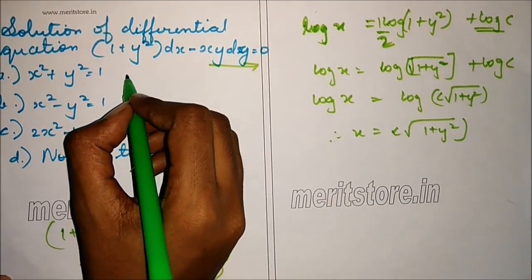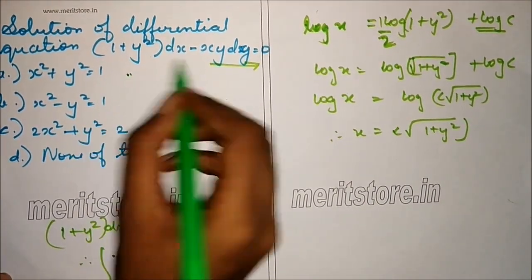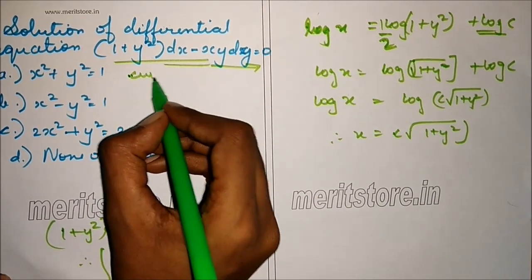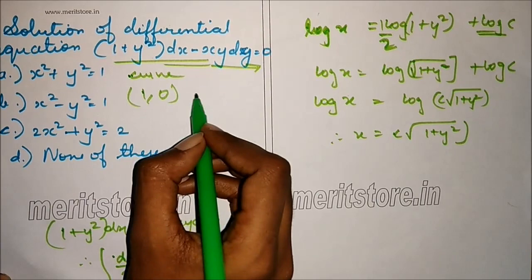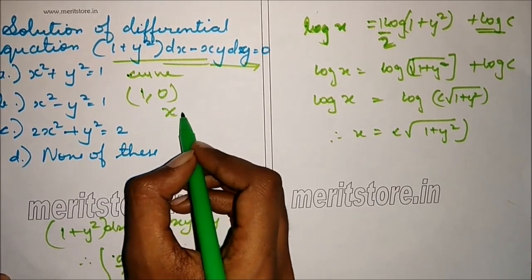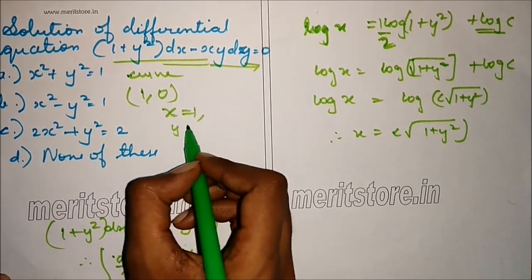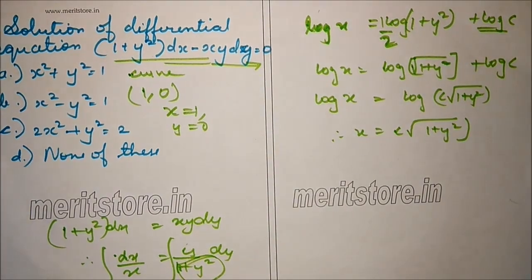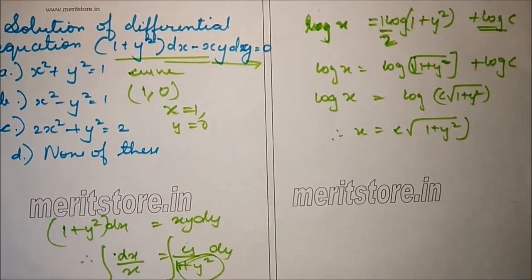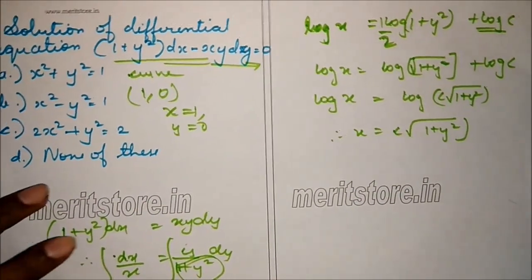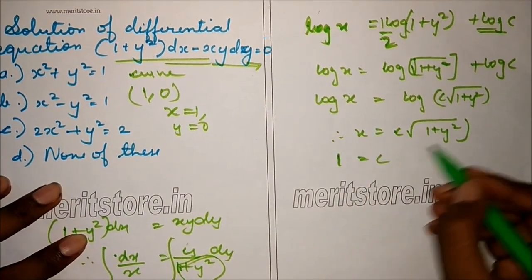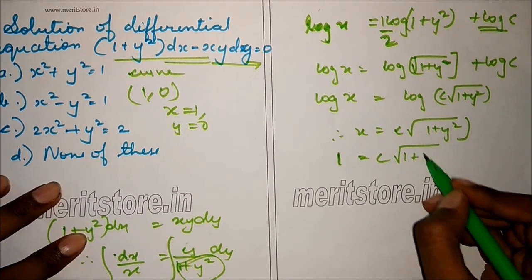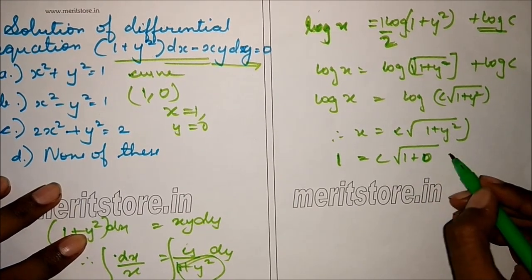It is said that this is the equation of the curve, and this curve passes through point (1, 0). So when x is 1, y is 0. So this will be root of 1 plus 0, that is equal to c.